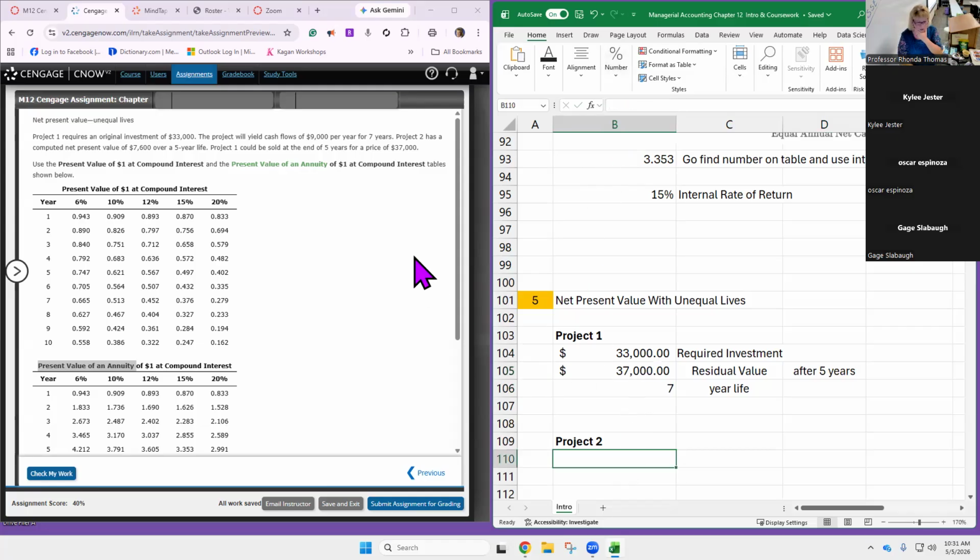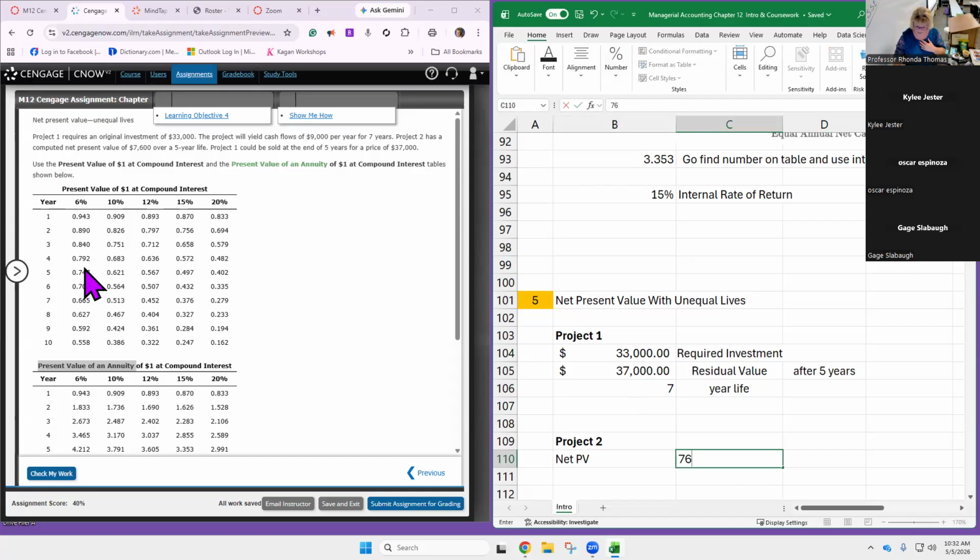Now, project 2 has a computed net present value. So they've already calculated it. The net present value is 7,600 for the project. So we're going to probably compare the two when it's said and done.